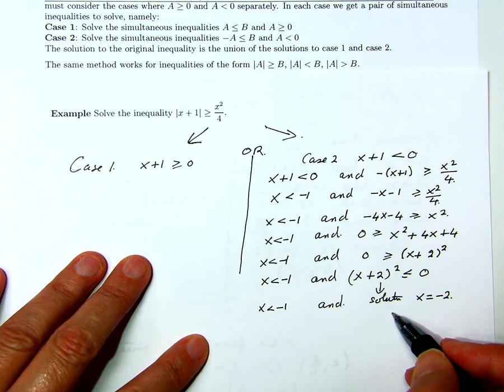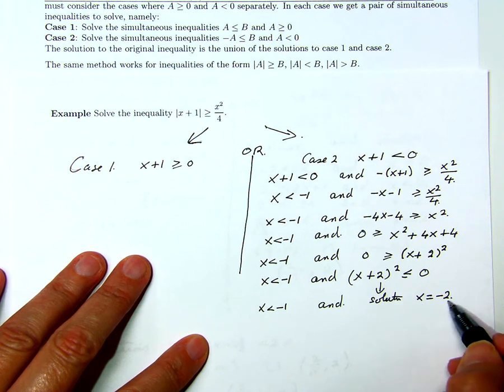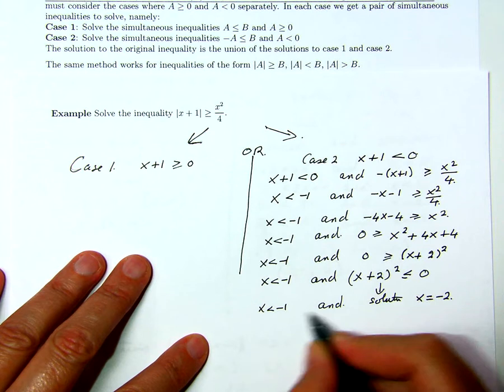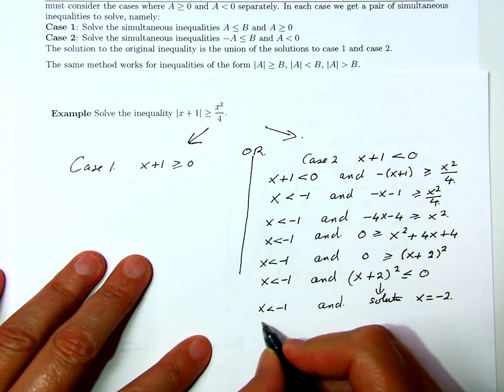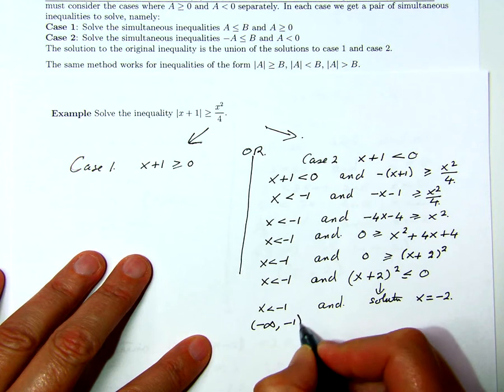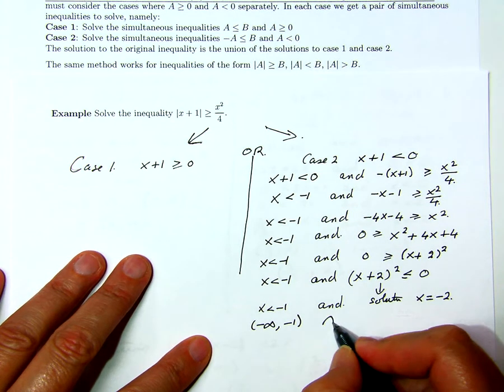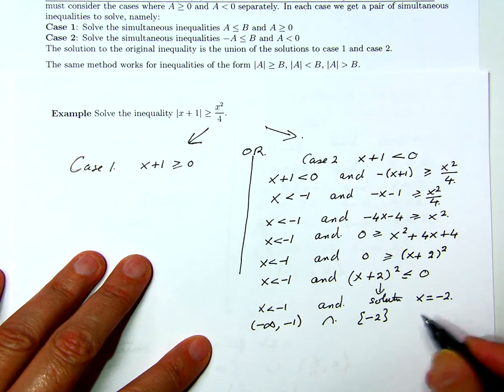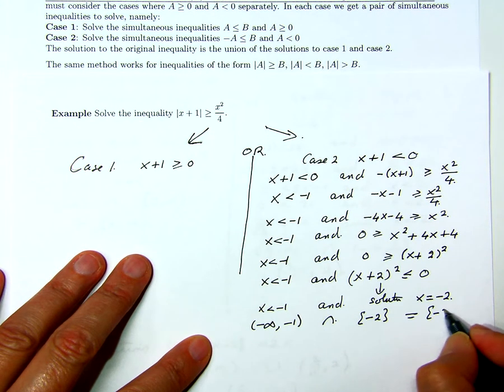So it must be x equals minus 2, and x must also be less than negative 1. So the intersection of the set of all x which are less than negative 1, that's from negative infinity to negative 1, and x equals minus 2 is just minus 2 itself.